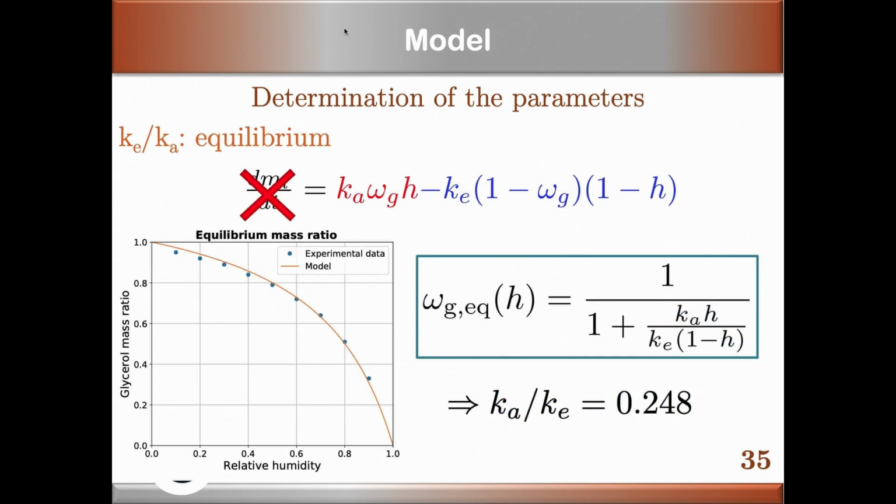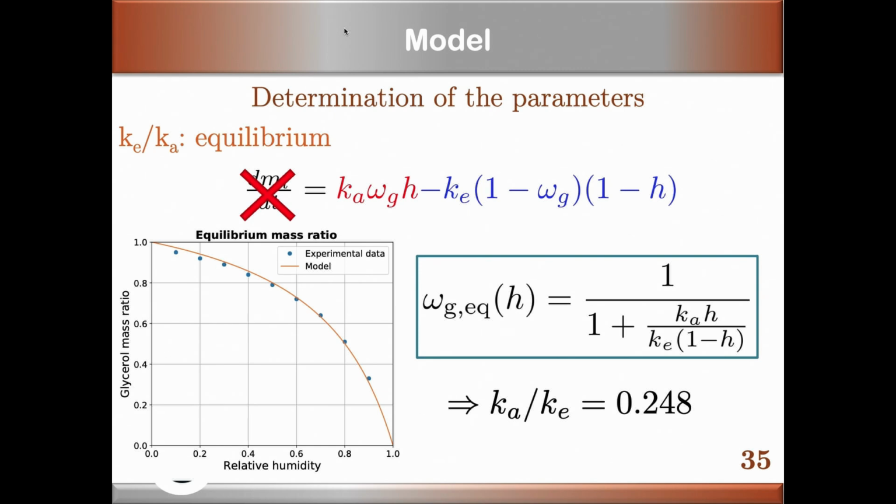What about the other constant? Because you have two constants in the problem. Well, to determine the other constant, or in fact to determine the ratio between the two constants, you come back to your model and you look at the equilibrium situation. At equilibrium, you have no more evolution of mass, and you end up with this equation. And you have the glycerol content that you can relate to the relative humidity.